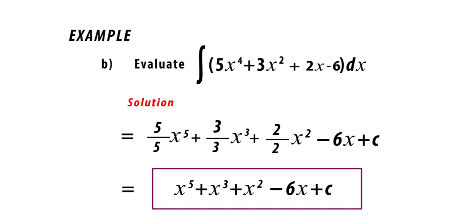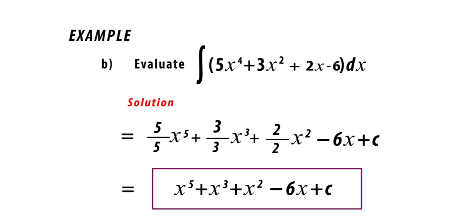So when we integrate them term by term, we will have 5x to the exponent 5 divided by 5 plus 3x cubed divided by 3 plus 2x squared divided by 2 minus 6x plus c.